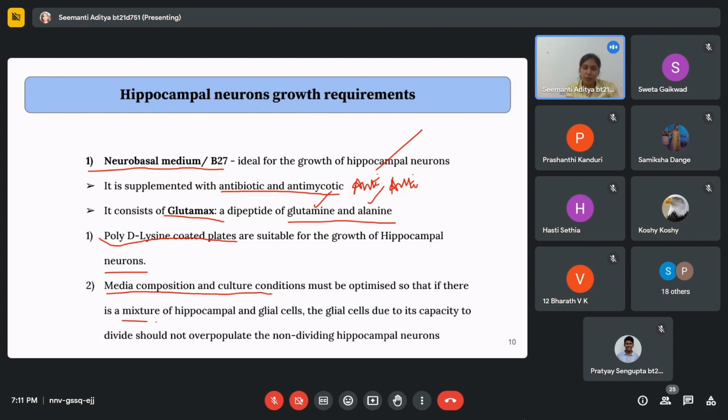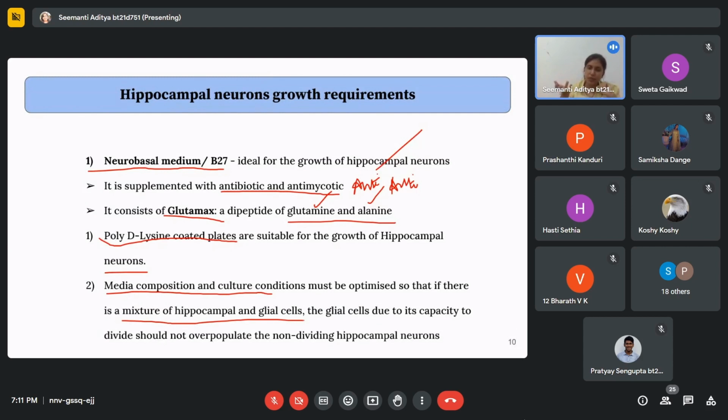if there is a mixture of hippocampal and glial cells, so when we are isolating hippocampal cells, there might be some glial cells that come into the mixture, because that organ is surrounded with glial cells. It's not possible to remove the possibility of having glial cells or other accessory neuronal cells.